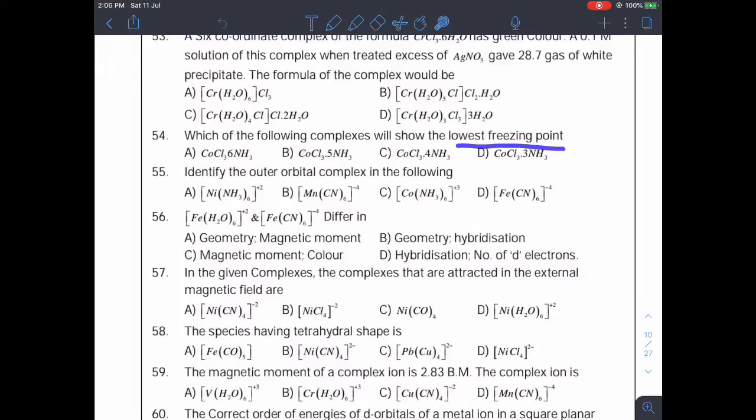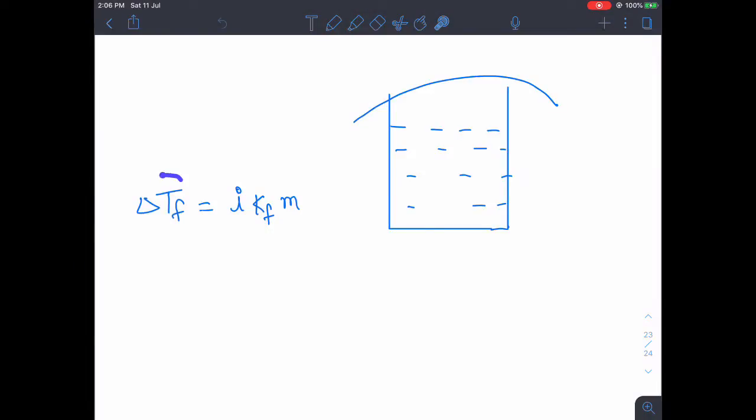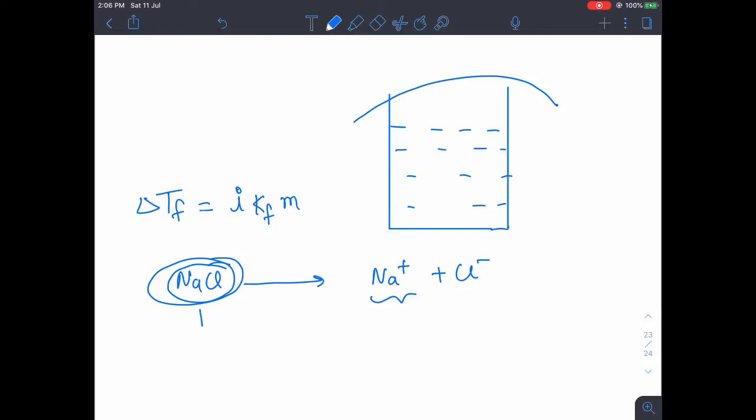For getting the lowest freezing point, this depression should be larger, and it is proportional to i. And what is i? i is the van't Hoff factor for a strong electrolyte. It is equal to the number of ions we obtain from one formula unit of that compound. Like 1 unit of NaCl will give 2 ions, so i will be simply 2.